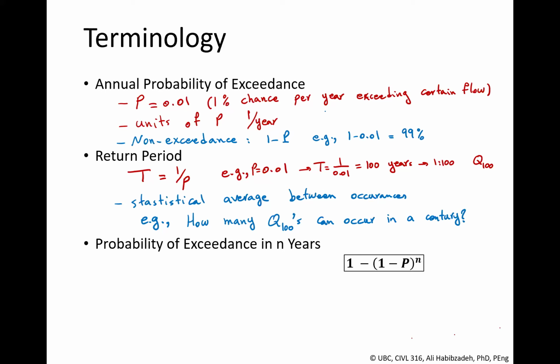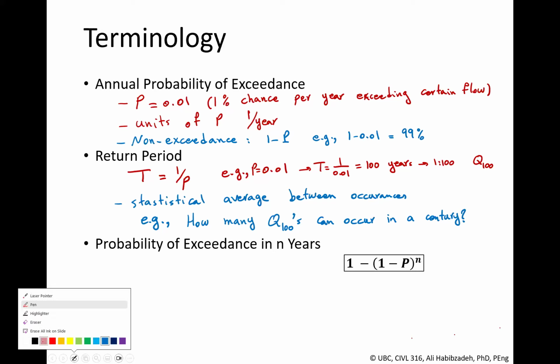All right, let's look at the third one, and this one ties all of them together: probability of exceedance in 1 year. What is this talking about?